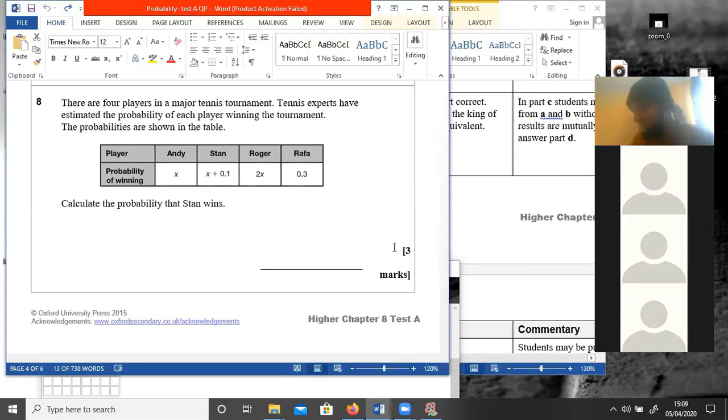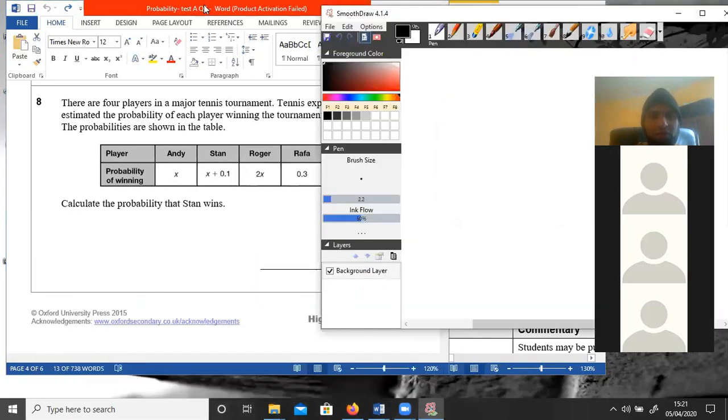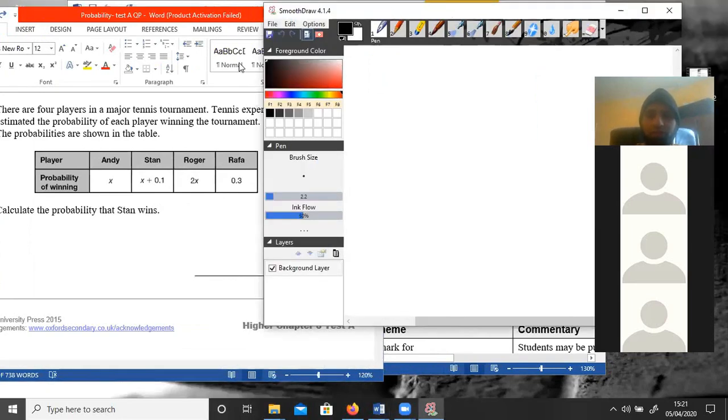Well done, guys. I'm going to tell you about some concepts that we need to remember here. You'll see how easy it is in a second. This is just algebra mixed with probability. First of all, if you look at my whiteboard, what should the total probabilities always add up to? 1. Do you agree, Amar?